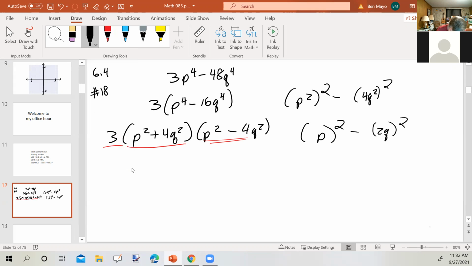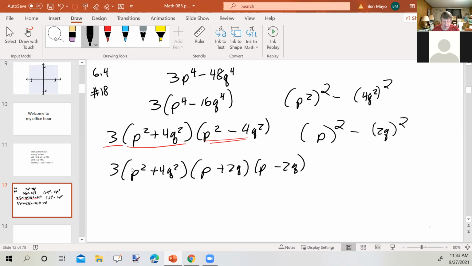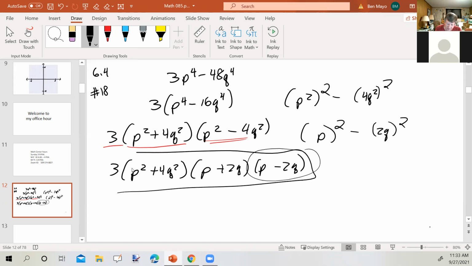So we get 3 times the quantity p squared plus 4q squared times p plus 2q times p minus 2q. And even though that last term is a binomial with a subtraction sign, it doesn't have squares at both ends. So there's our final answer. Any questions on that one before we go on?